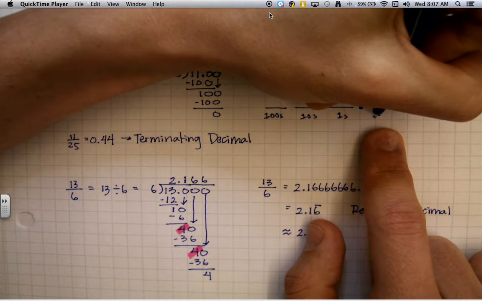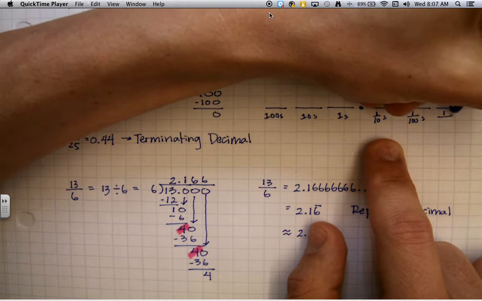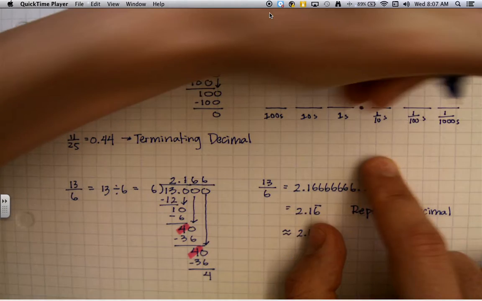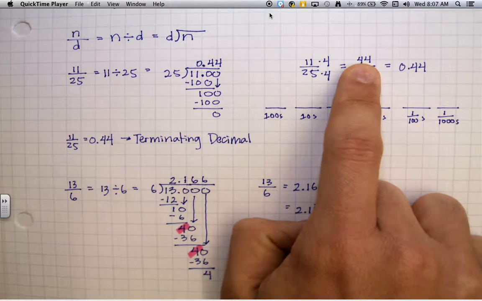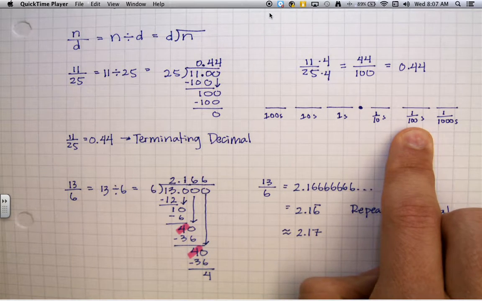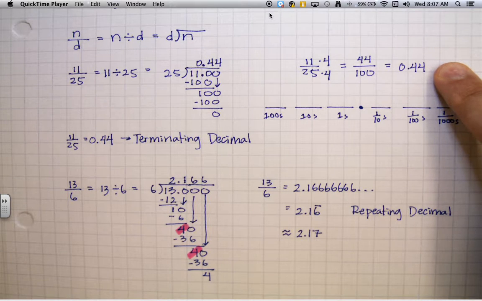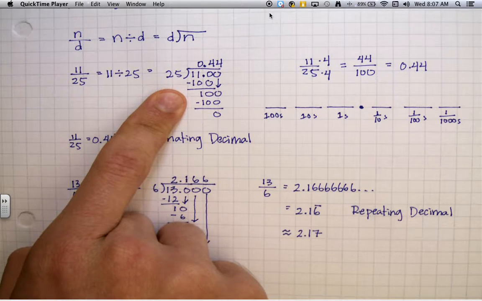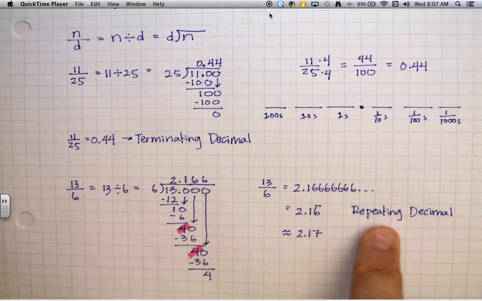I'm going to have the tenths place, the hundredths place, the thousandths place, and so on. So what this number says is that I've got 44 hundredths. I've got a 4 in the tenths place and a 4 in the hundredths place. So that's a little shortcut that can help you avoid using long division. But long division will always work in a pinch. It'll work with terminating decimals and with repeating decimals.